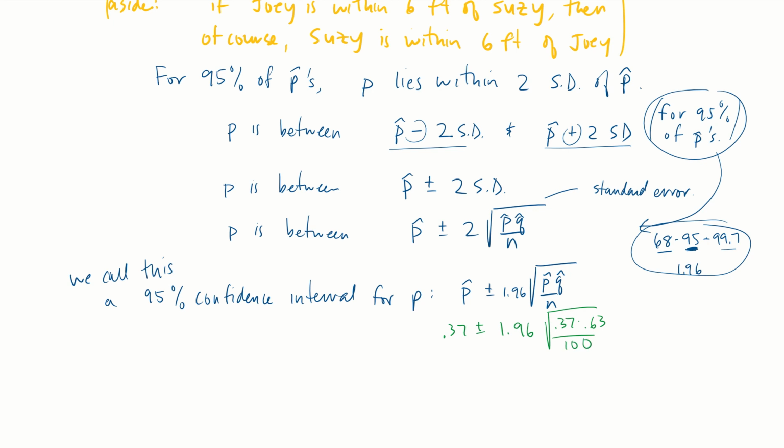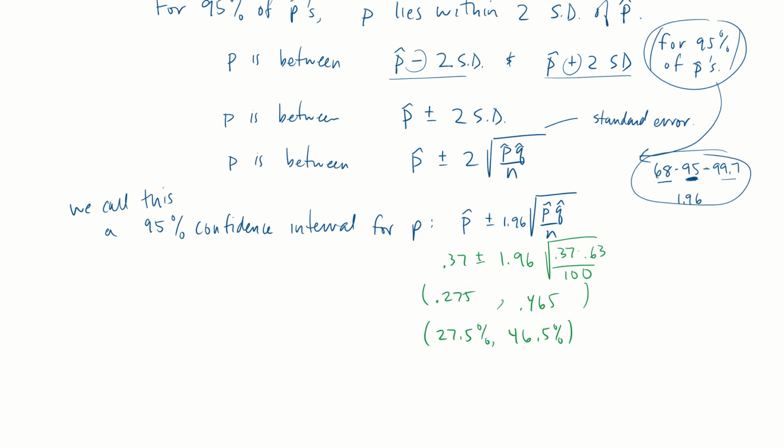If I do 0.37 plus that and 0.37 minus that, I will get my interval. So let's go ahead and do that. Okay, we get 0.275 and 0.465, and if I write that in percents, it's 27.5% and 46.5%.